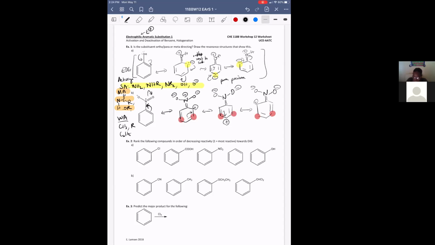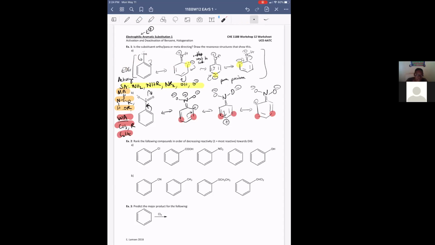All of those can be considered to be weak activators, right? So those would be our weak activators. And these will all direct in the ortho and para direction. So if any of these substituents are already on our aromatic ring, and we're adding a new substituent, that new substituent will either be in the ortho or para direction, like we saw in example 1A, right?